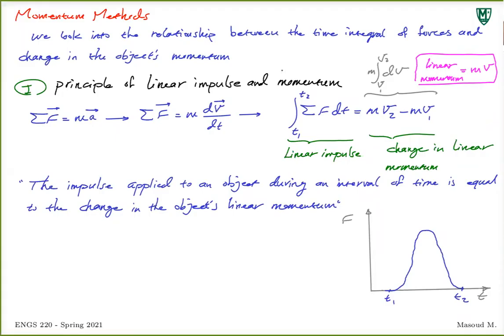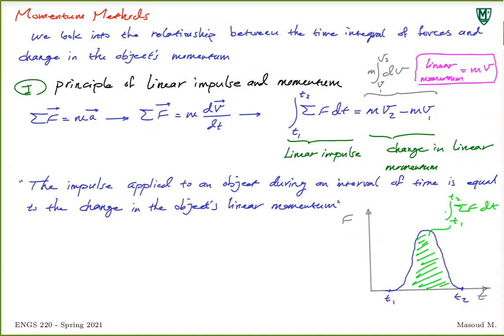If this is your force as a function of time, the area under this is the integral from T1 to T2 of F dt. This is basically the left side of that equation, the linear impulse.